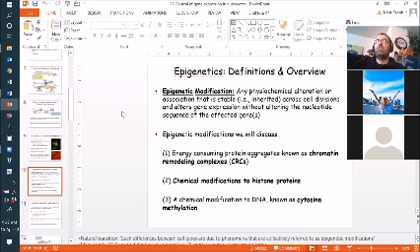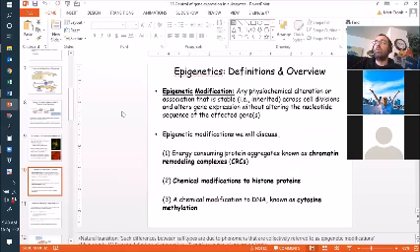So you can change whether or not even a gene works, right? Through these modifications, but you don't change the sequence of that gene. And also those changes, those essentially non-DNA sequence changes, are heritable.